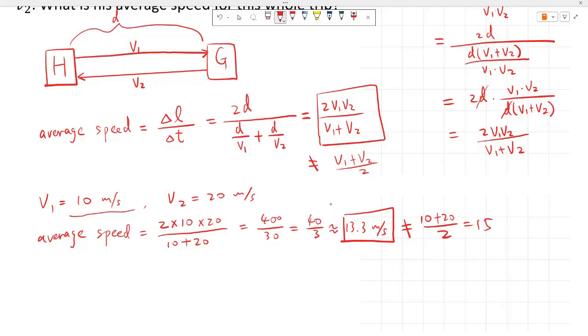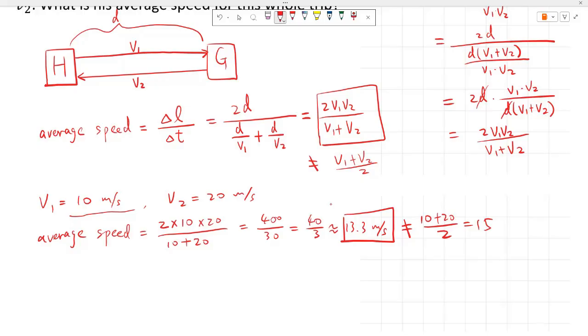The same thing here. This guy spent more time at the lower speed, which is 10 meters per second, and that's why the average speed should be closer to the speed that he spent the most time with, which is the lower speed. And that's why the average speed is not exactly 15, which is exactly between the 10 and 20. It will be closer to the lower speed because this guy spent more time on it.